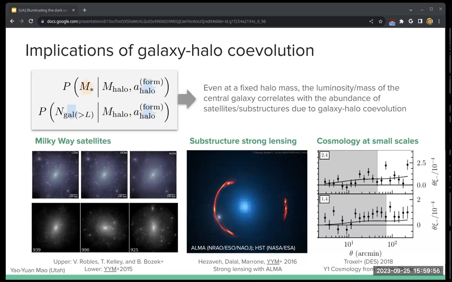Now, many of you should know, Elizabeth probably has talked about this many times, that there is a lot of systematics in cosmology measurement. And some of it also comes from this correlation. And because this is particularly prominent at small scales, a lot of the time we have to cut out small scale data because we are still not good enough at modeling those correlations.